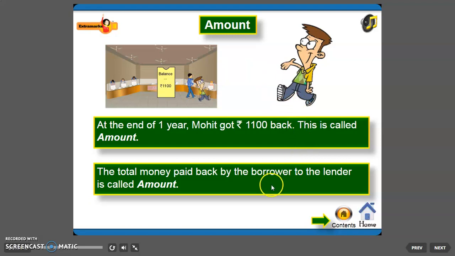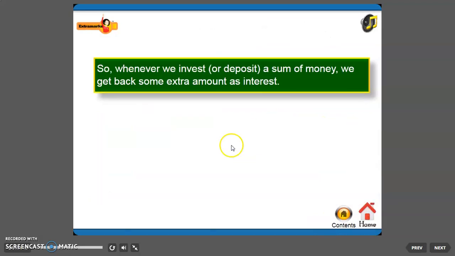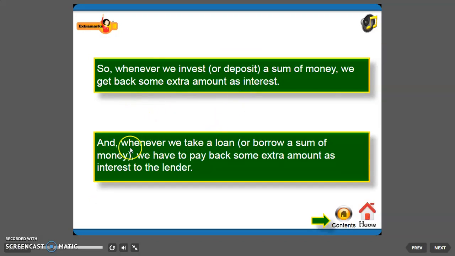Okay, children, hope you understood who is borrower and who is lender. At last we get a total amount. Along with the original amount, I get some extra amount. Together it is called amount. Is it clear, children? Whenever we invest or deposit a sum of money, we get back some extra amount as interest. And whenever we take a loan, this is investing and this is borrowing. Hope you understood the situation now. A sum of money we have to pay back.